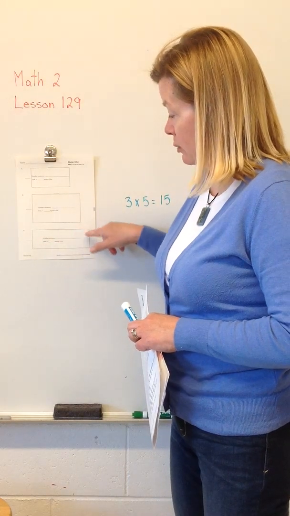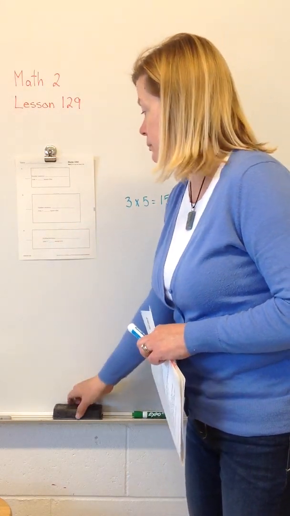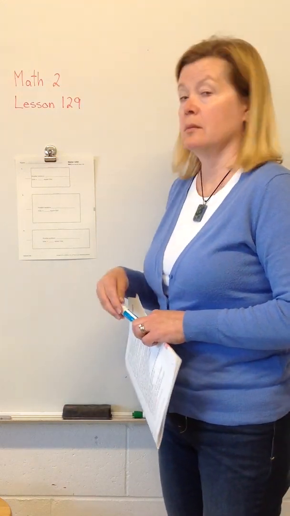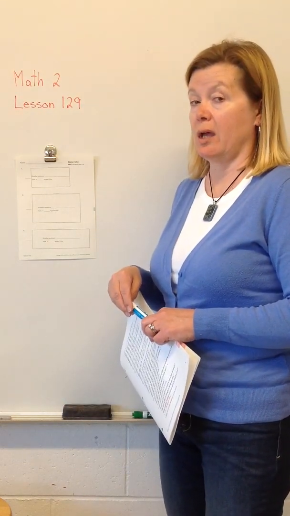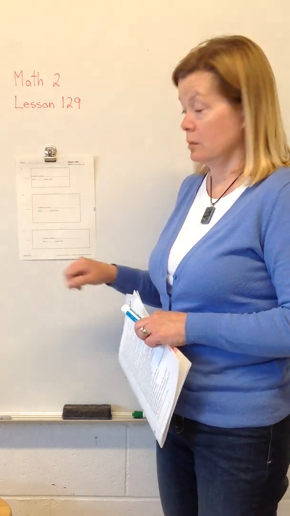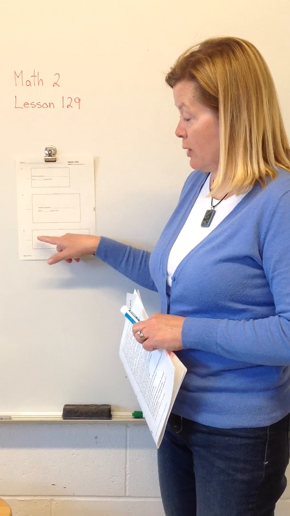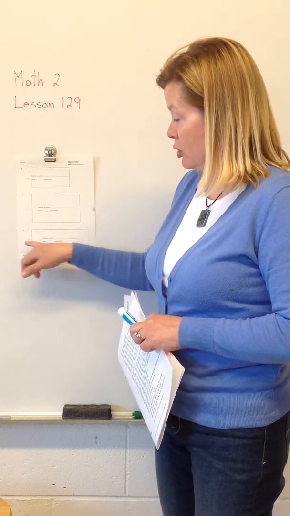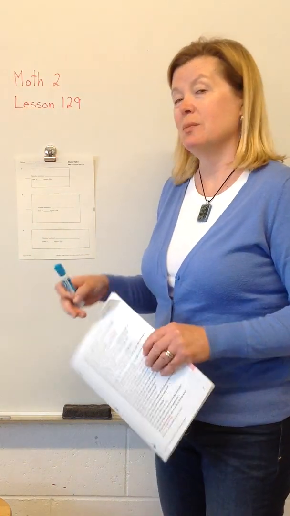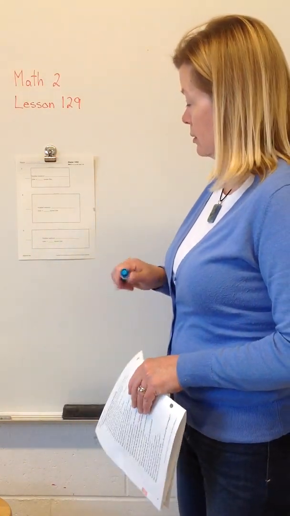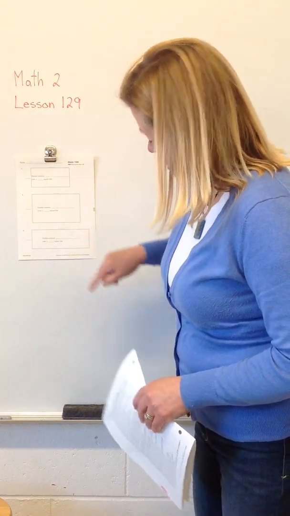Cover that rectangle with your colored tiles. How many rows will you have? 2. So even if you haven't finished covering up your rectangle, you know that this is 2. How many are going to be in each row? This one looks more than 5. Looks like it's going to be 6.